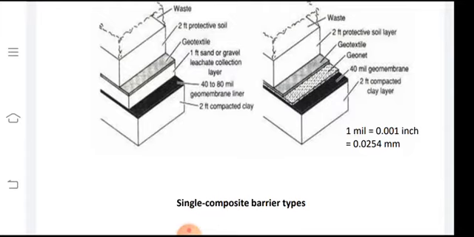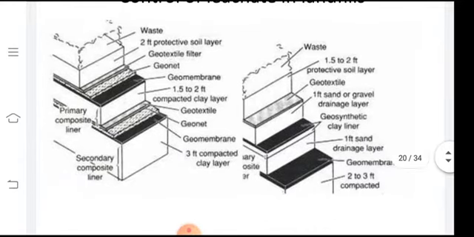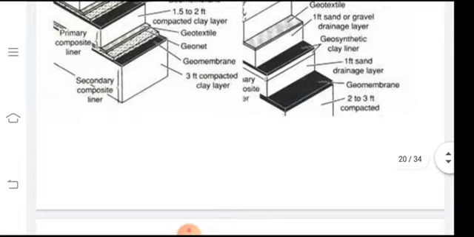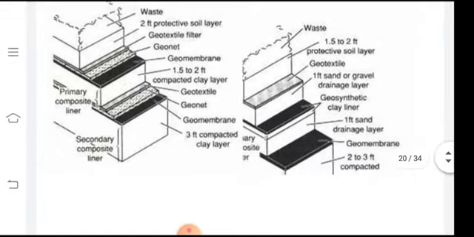So these are the demonstration of the single composite barrier. Again, it is the same thing, and you can find that we have this geonet provided in the secondary composite liner. Similarly, geotextile is there, geonet is there, and then geomembrane is there.